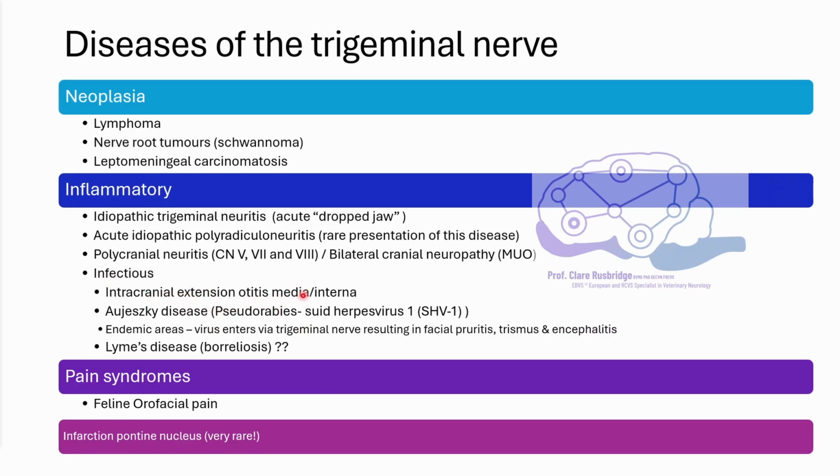So a middle ear infection that's become an inner ear infection and extended into the brain. I've never seen this, but in endemic areas, Aujeszky's disease or pseudorabies, which is a herpes virus infection, is an infection of pigs, but can affect other species, and infection is via the trigeminal nerve, and they can present with a facial pruritus because of that, and trismus, which is locked jaw.